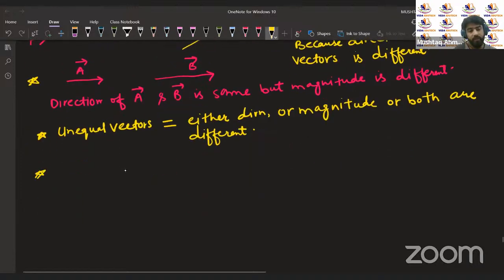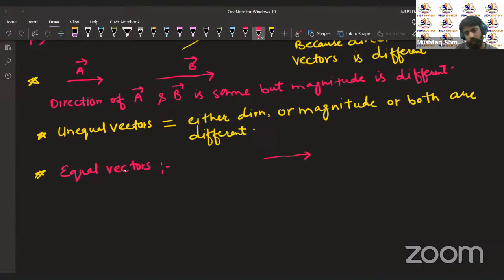Now let's see what are equal vectors. Equal vectors. Suppose this is vector A and this is vector B. Now in this case, direction as well as magnitude is the same.